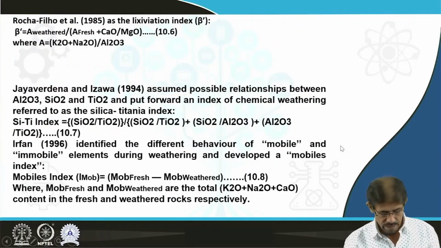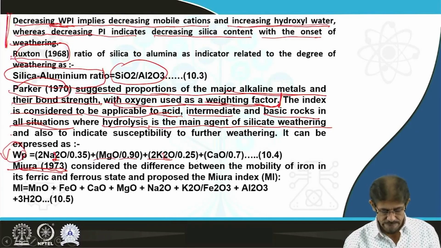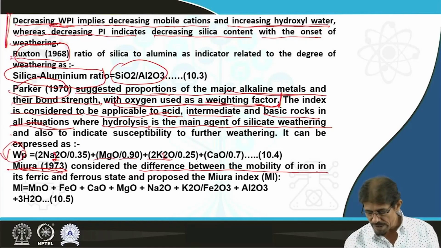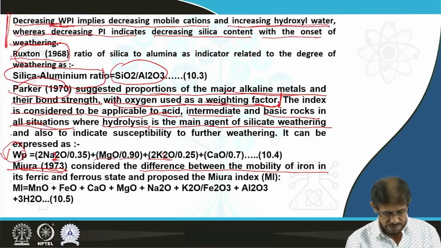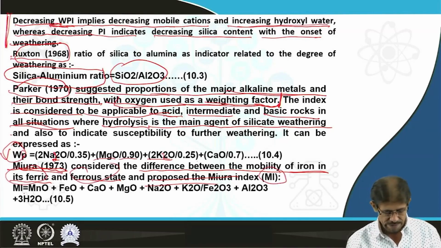Further, Vogel in 1973 considered the difference between the mobility of ions in the ferric and ferrous state and, on the basis of this concept, proposed one index, the index MI.